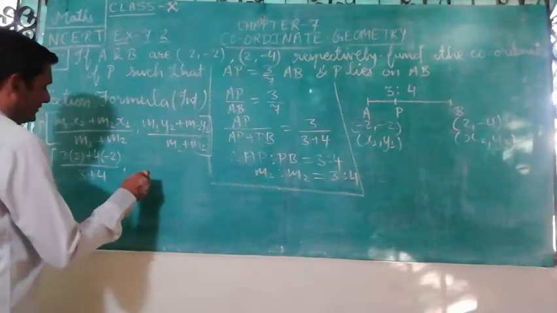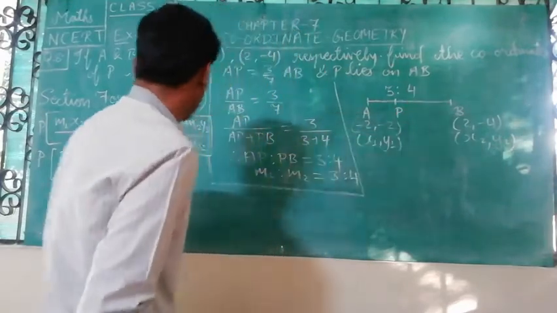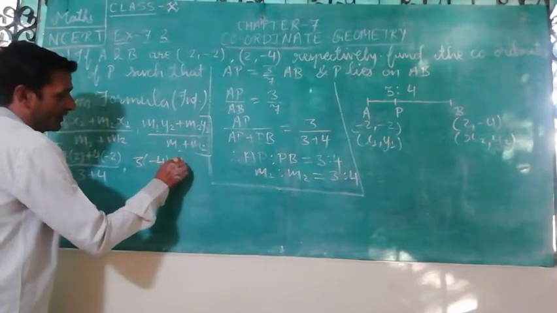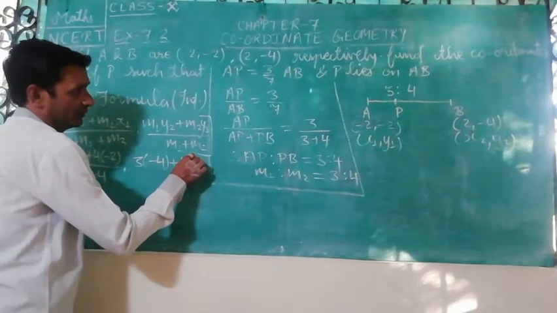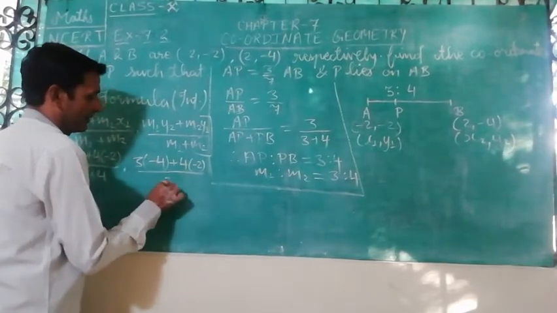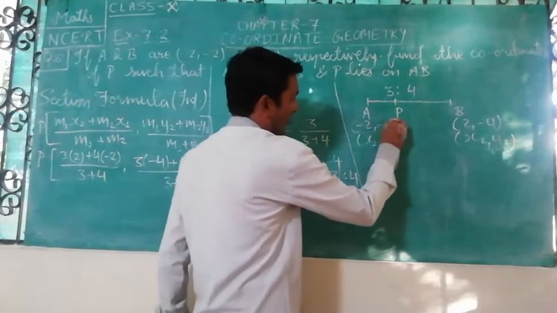And here it is 3 into minus 4 plus 4 into minus 2 upon 3 plus 4. It is minus 2, okay? This one.